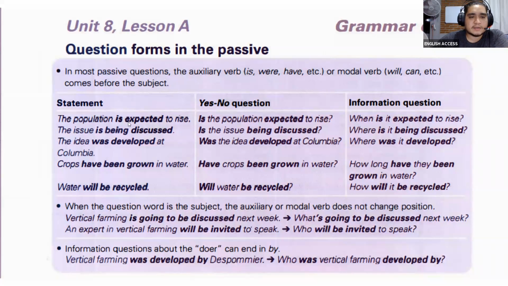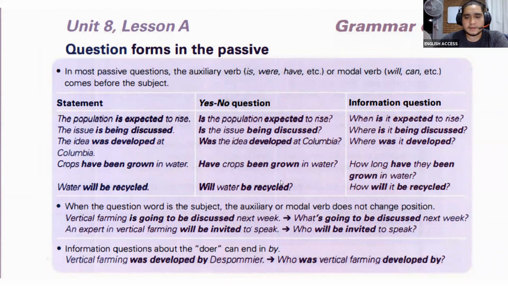The population is expected to rise. Is the population expected to rise? When is it expected to rise? So it is basically just a question, using the passive form of the sentence, but it is the same idea as any other question.